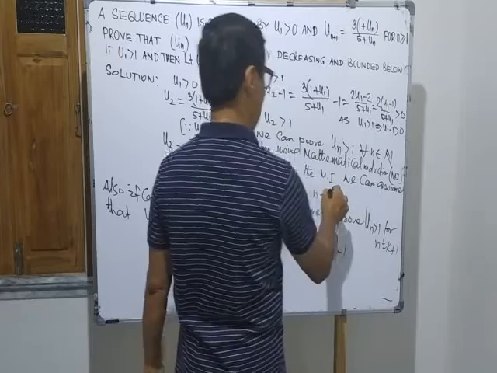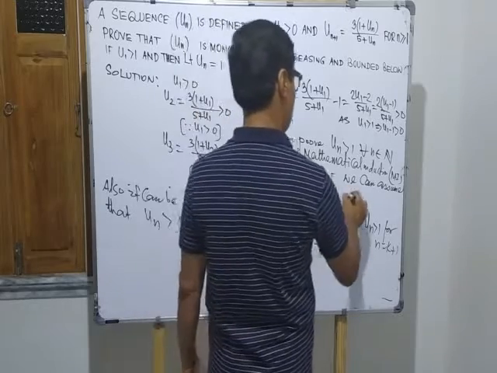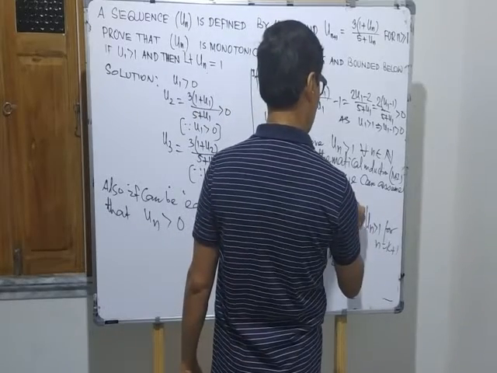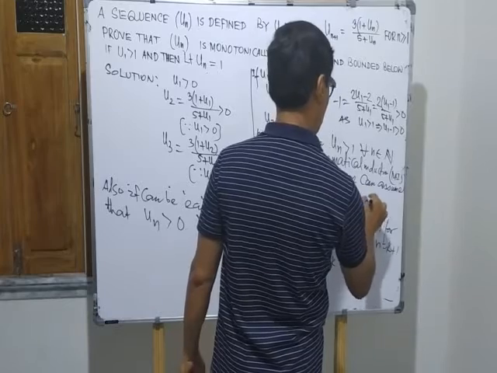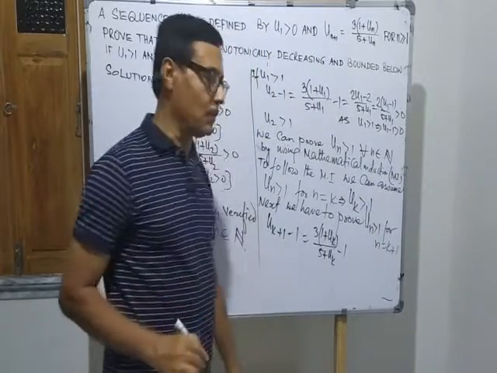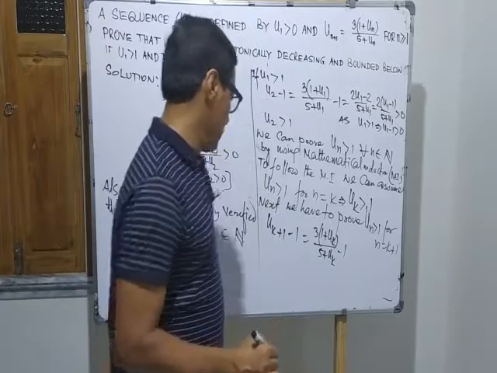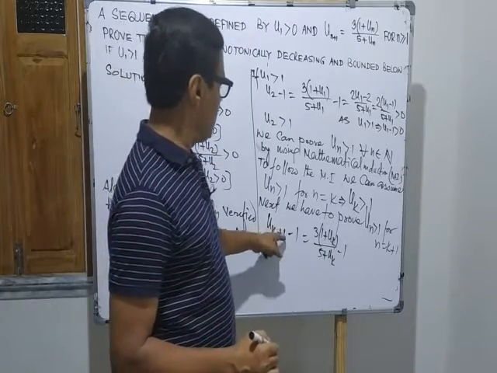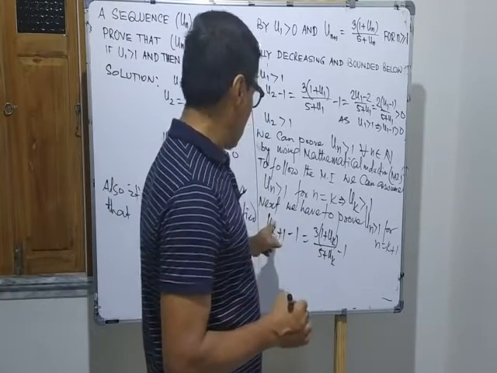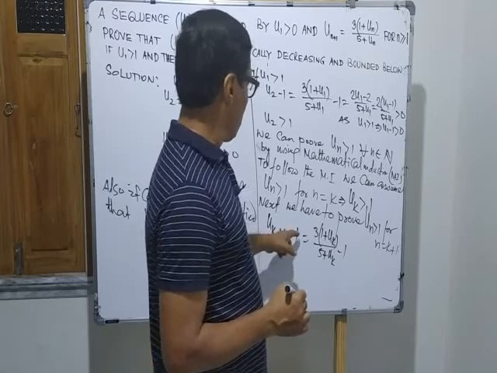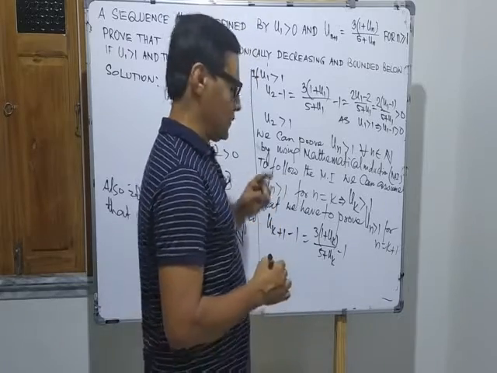Here also for n equal to k, u_n greater than 1 means u_k greater than 1. This is assumed. We have to prove u_(k+1) greater than 1, that is u_(k+1) minus 1 is positive. We have to prove it.